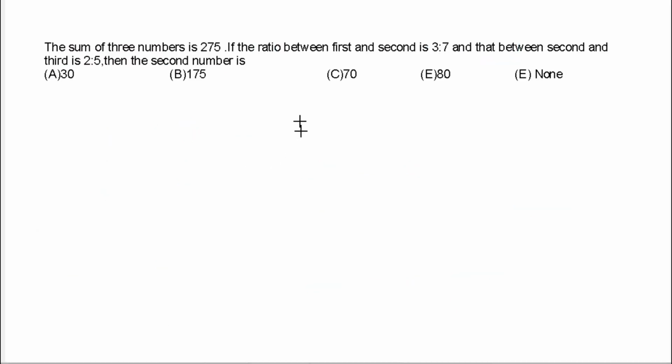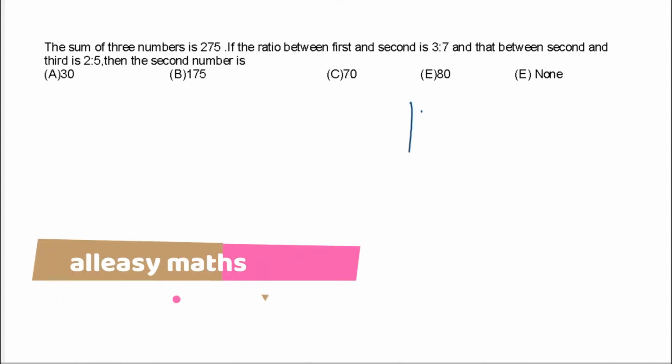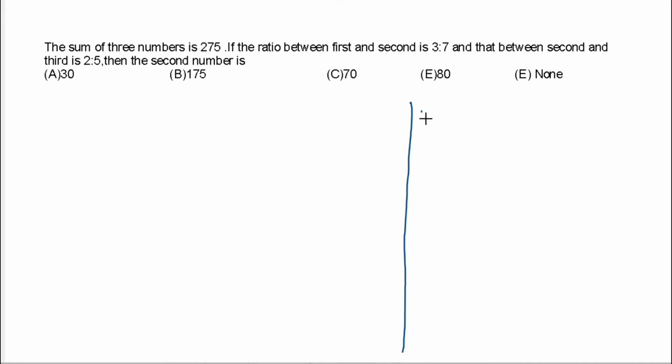Now, before starting to solve the next question, let me give you one example. Suppose it says the ratio of A and B is 2:3, and the ratio between B and C is, let's say, 4:1.